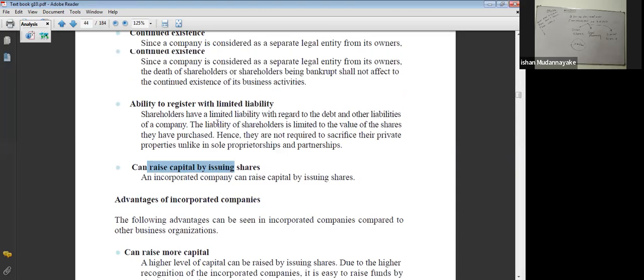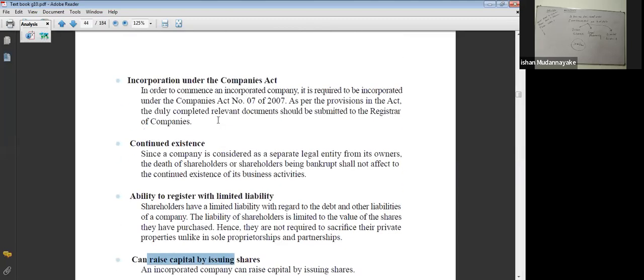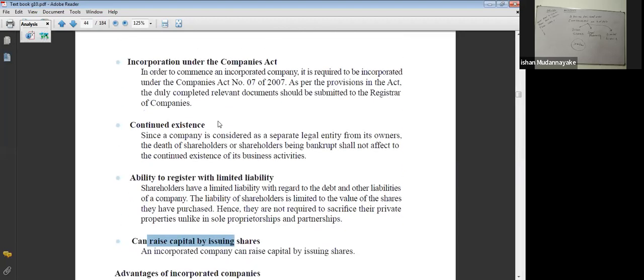Clear? So these are the characteristics: incorporation under the Companies Act number 7 of 2007, continued existence, ability to register with limited liability, can raise capital by issuing shares. These are the characteristics in an incorporated company.